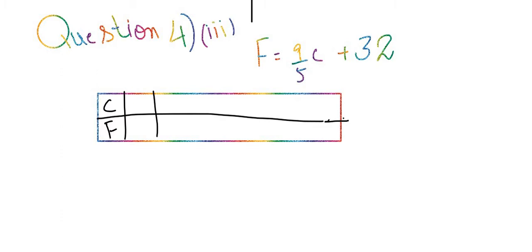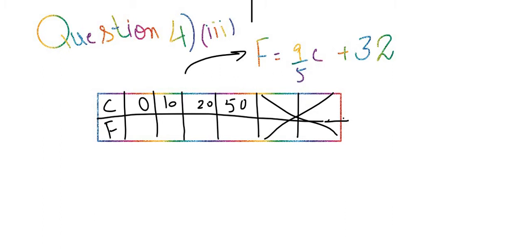When I put c is equal to 0, then 10, 20, 30, 50. When I put the values of c in this equation, I get some values of f that are 32, 50, 68, 86 and 122.